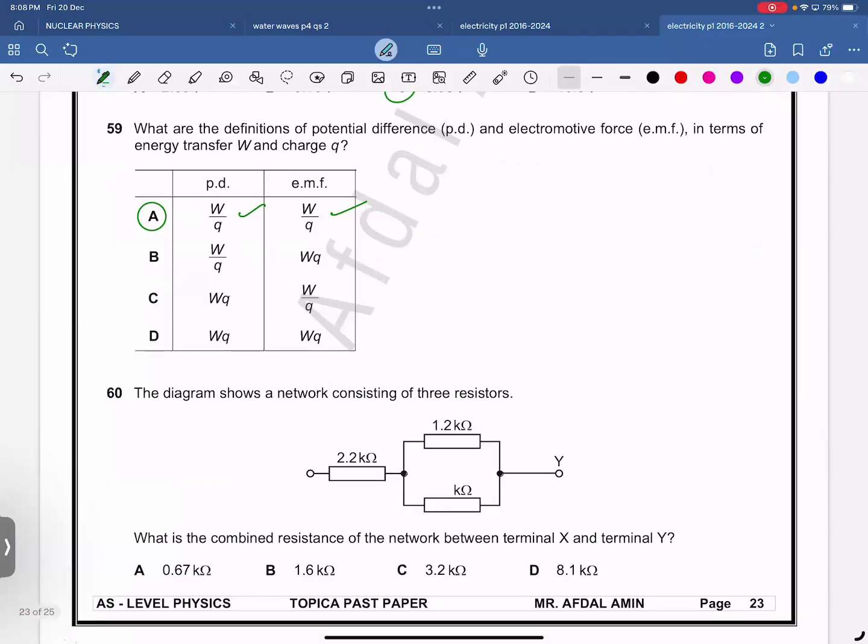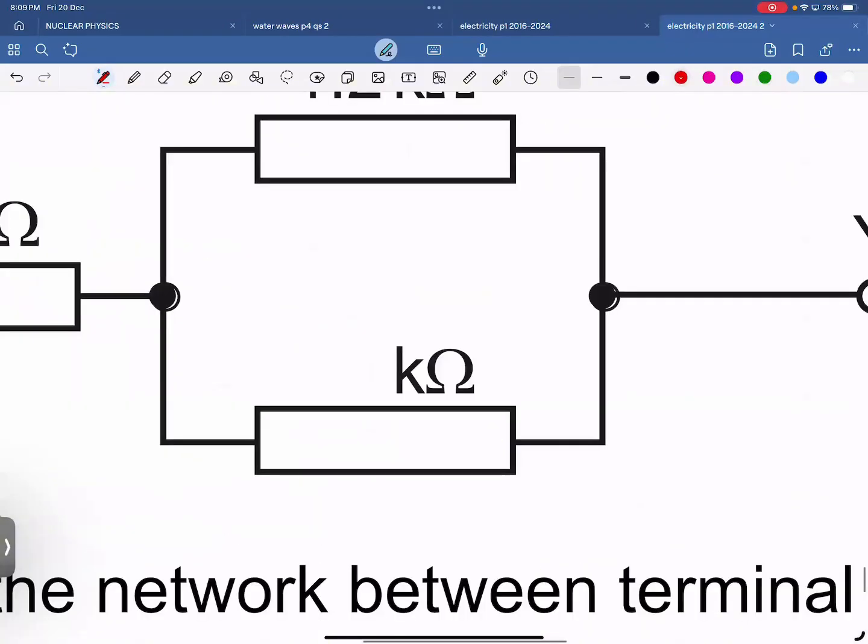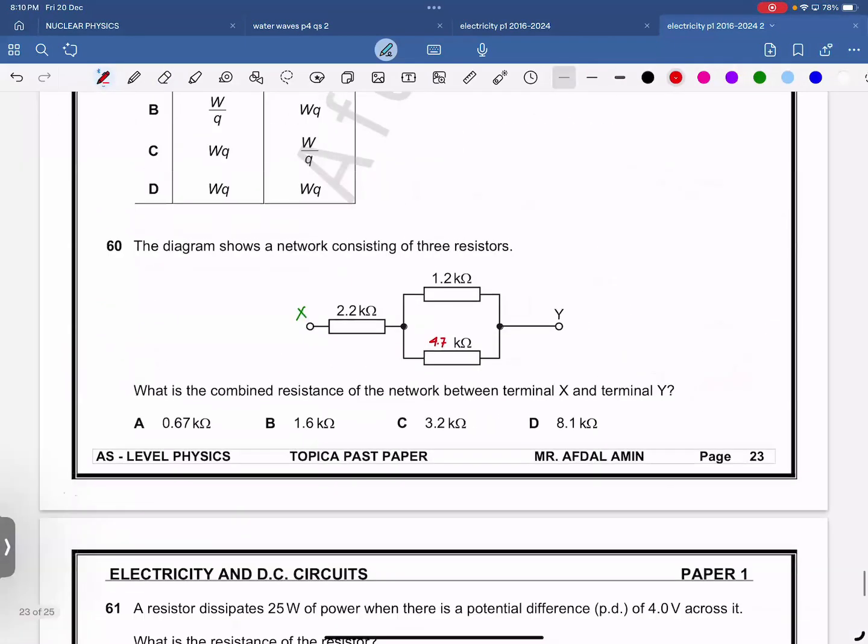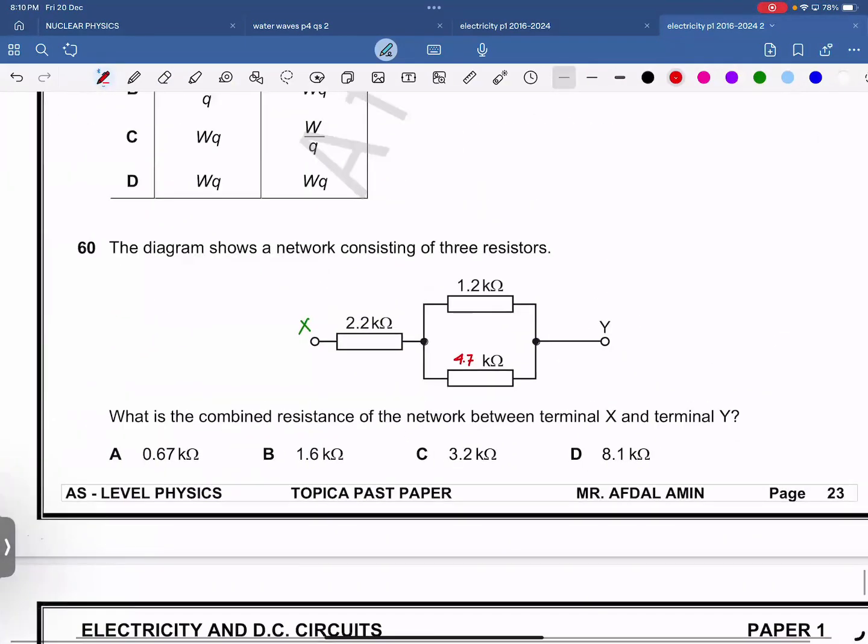The diagram shows a network consisting of 3 resistors. Okay, actually here numbers are missing. Please fix X and Y combined resistance. So first we go parallel.